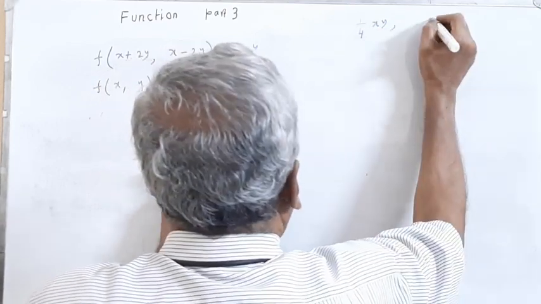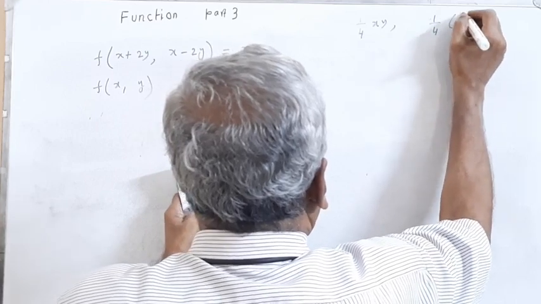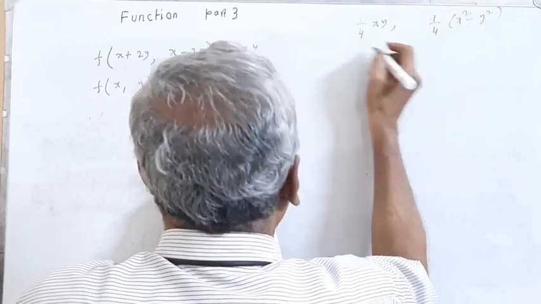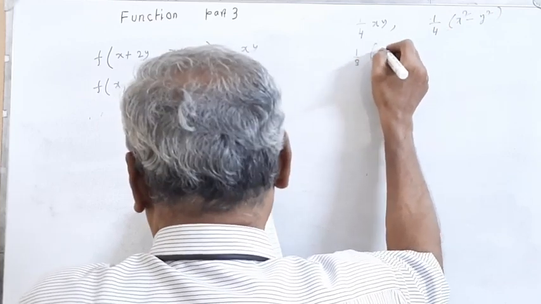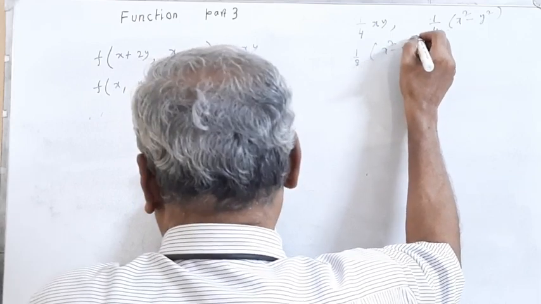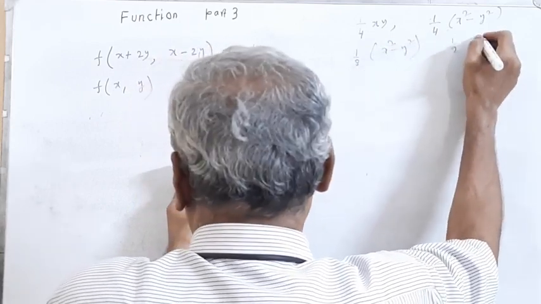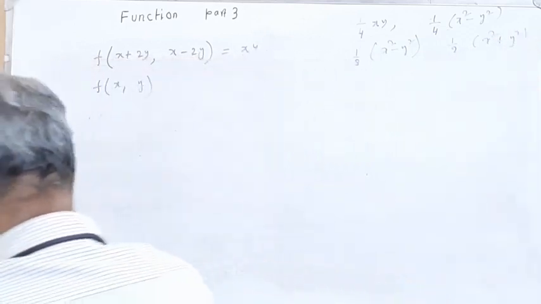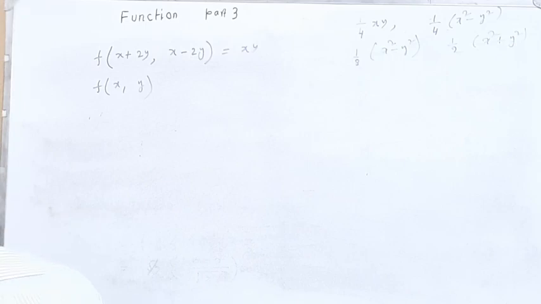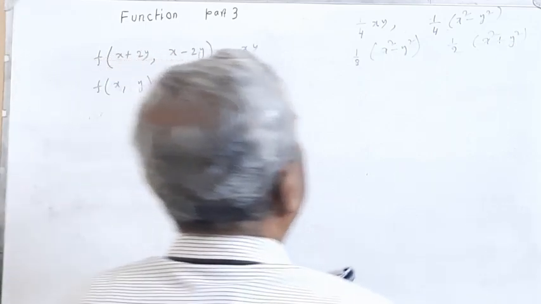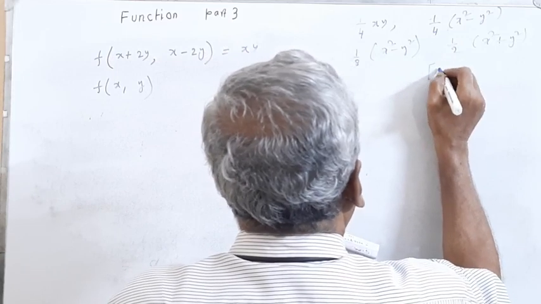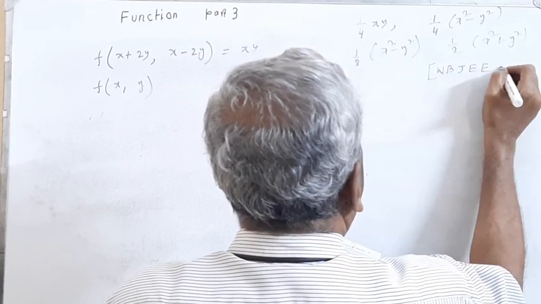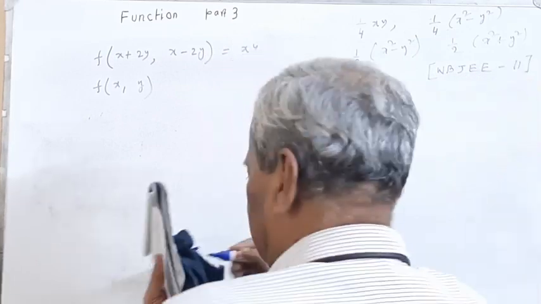Second option is 1/4 (x square minus y square). Third, 1/8 (x square minus y square). Fourth, half of (x square plus y square). That problem was given in WBJEE in the year 2011.